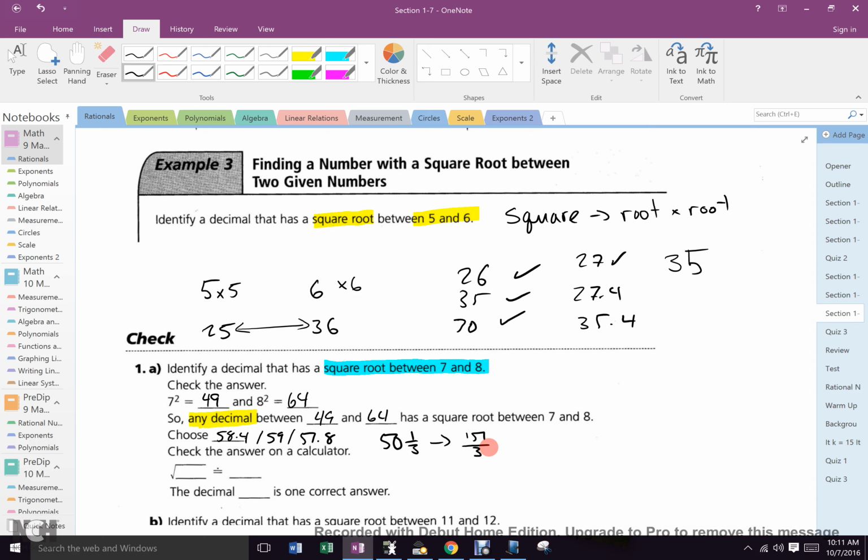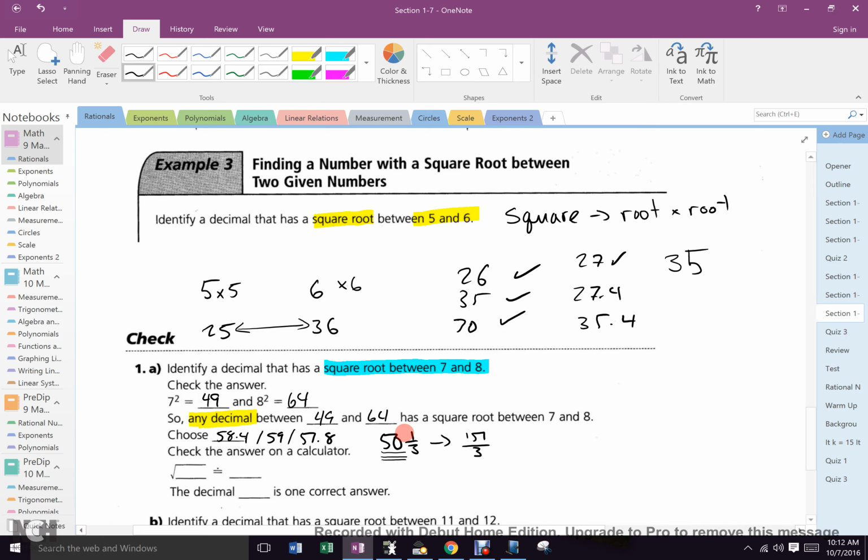Somebody else's brain in this room works. You just saw Dom give you an example. Notice he started with a whole number that was between 49 and 64, and then he just put a fraction with it. Somebody please prove to me that you can understand what Dom just did for you.